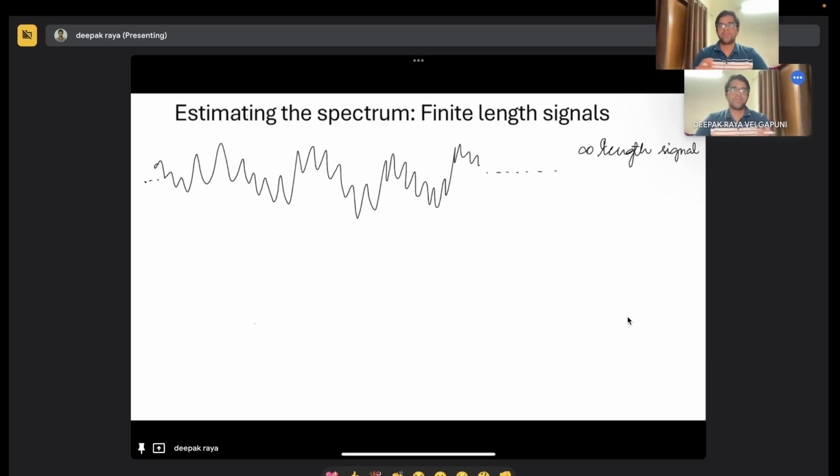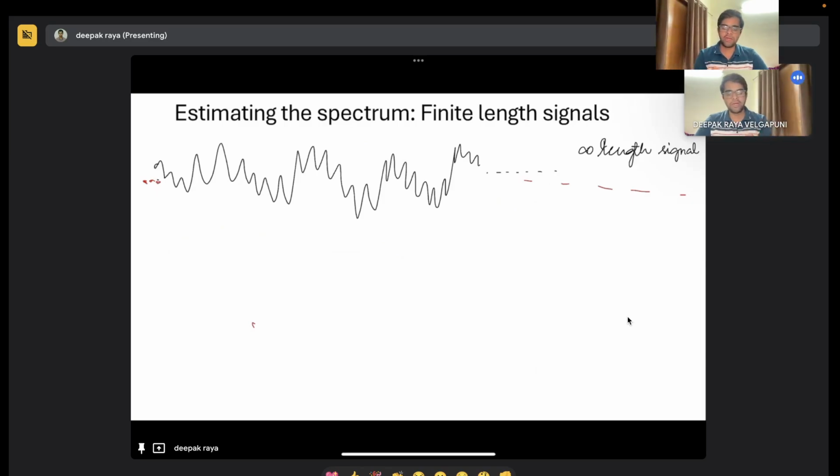Okay, so I have repeated this two times: for a given signal, we estimate a spectrum. We don't get an exact spectrum. Why do we not get an exact spectrum? Let's say this is some signal with infinite duration. For this signal, you can get an exact Fourier transform because the limits are minus infinity to infinity.